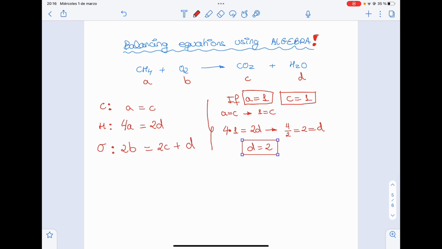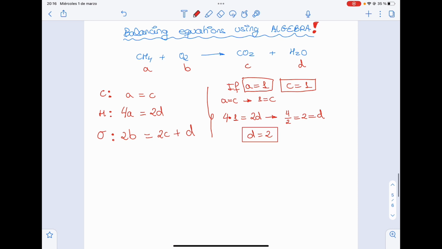Okay, and now I have to solve this one. I already know A, C, and D, but I'm missing B. If I know that 2B is equal to 2C plus D, and I already know that C is 1 and D is 2, I can put 2 times 1 plus 2.